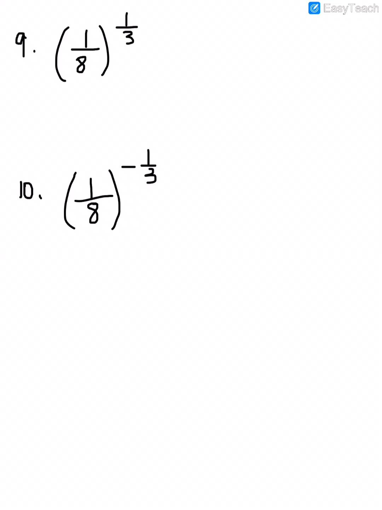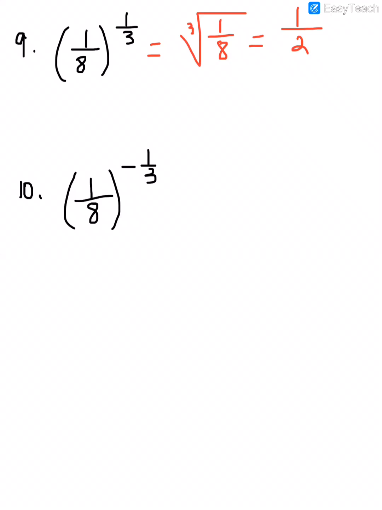For number 9, we're taking 1/8 to the 1/3 power. It's in parentheses, so the whole 1/8 is being raised to the 1/3 power, which is the cube root of 1/8. So we're just taking the cube root of each part. The cube root of 1 is 1, and the cube root of 8 is 2. Now number 10 has 1/8 in parentheses raised to the -1/3 power.